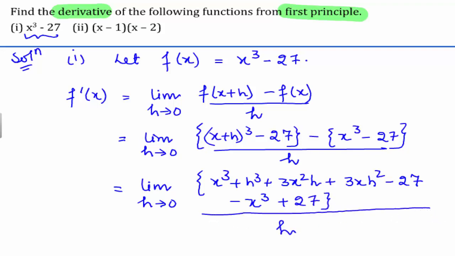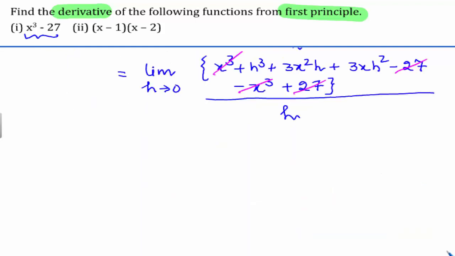Now cancelling the terms x cube and minus x cube, minus 27 and plus 27, we have limit as h tends to 0.